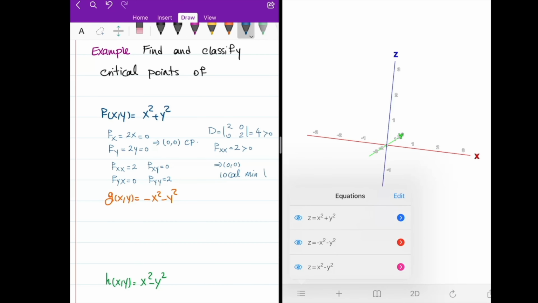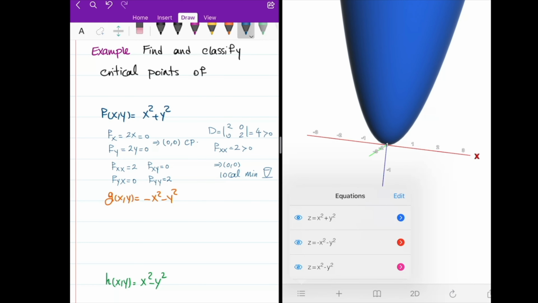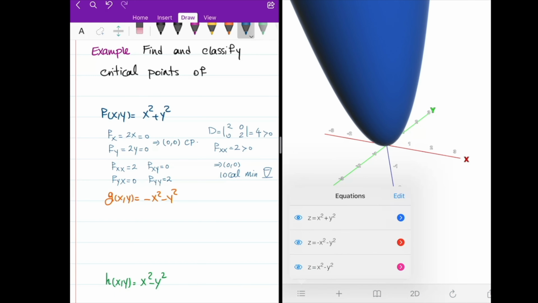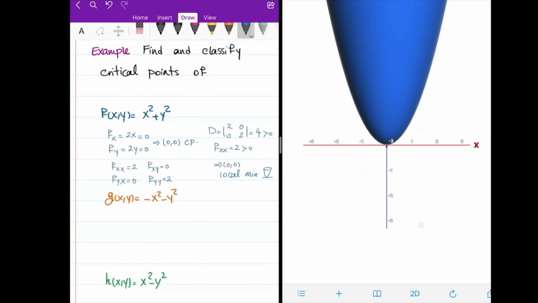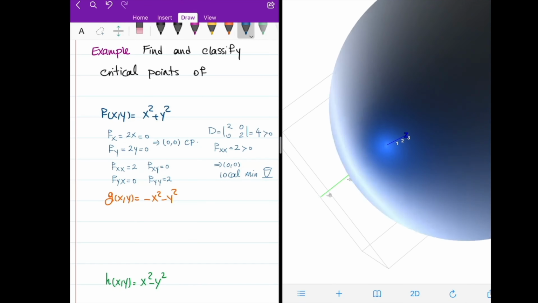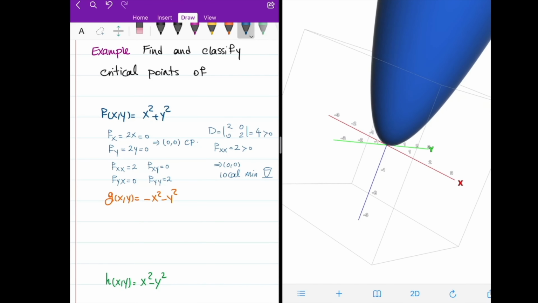So we might get something like that. Okay, let's look at the graph of it. This is the graph of x squared plus y squared, and it's a paraboloid like this.